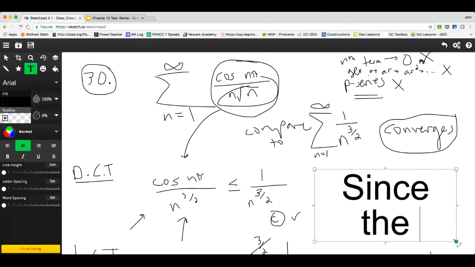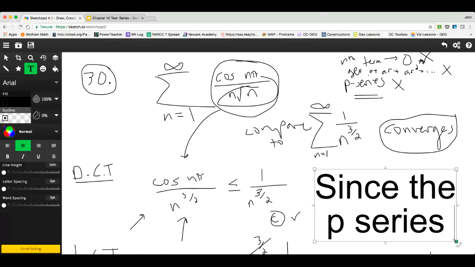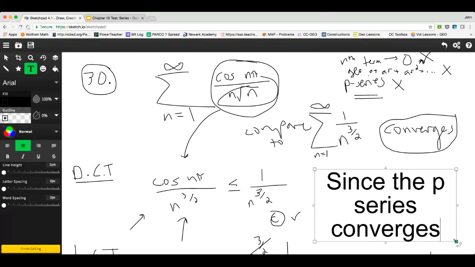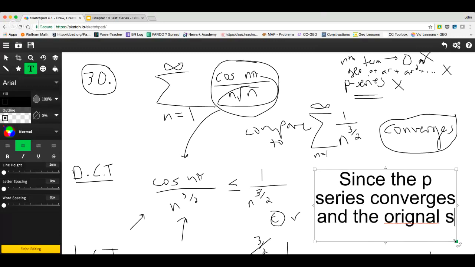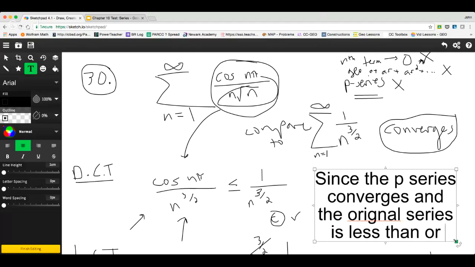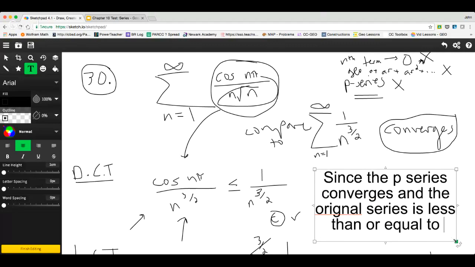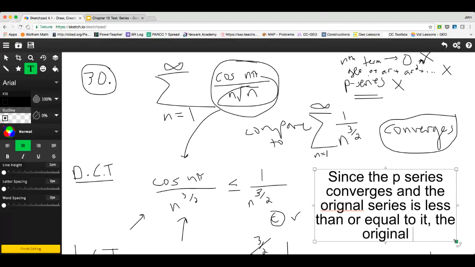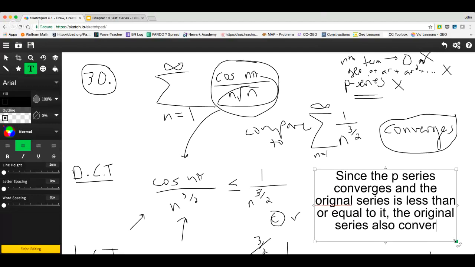We can say since the P series converges, and the original series is less than or equal to it, the original series also converges.